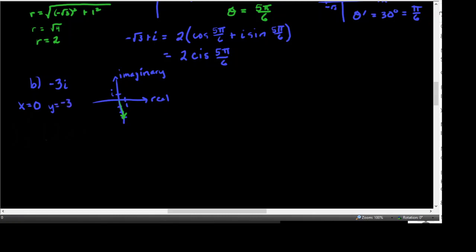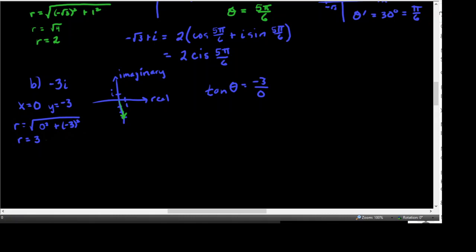Okay. So r is the square root of x squared plus y squared, and that simplifies to be 3. And then the tangent of theta is y over x. And of course, that means when x is 0, we cannot rely on this equation.